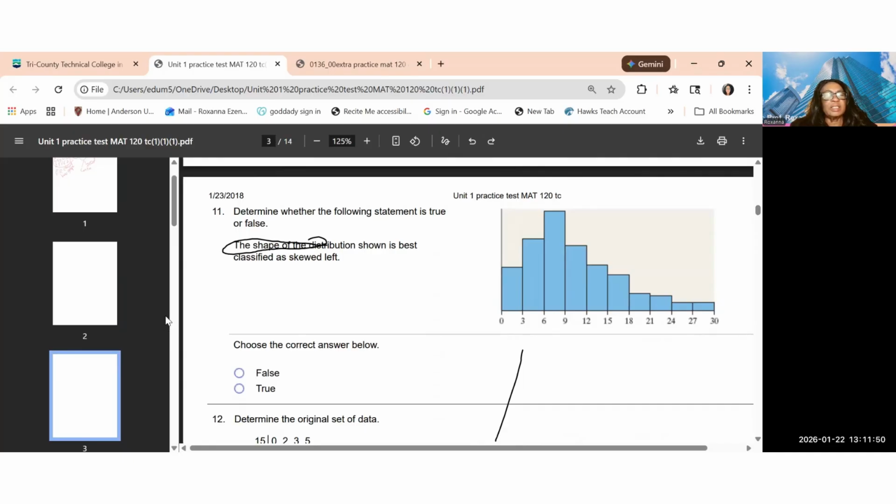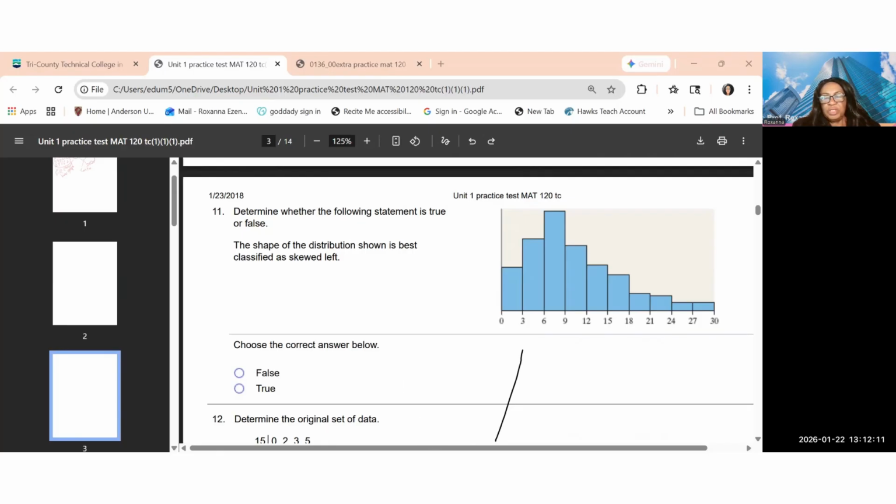Notice that we talked about skewness yesterday. So you will be told to determine whether the following statement is true. The shape of the distribution shown is best classified as skewed left. Is this true? This is not true.